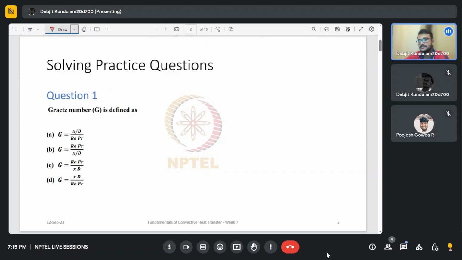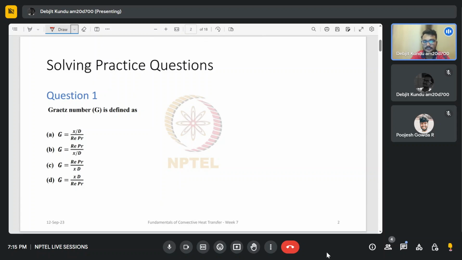There are four options given below. Option A says G equal to x by d over Reynolds number into Prandtl number. Option B says that the Graetz number G is equal to Reynolds number into Prandtl number divided by x over d. Option C says it is Reynolds number into Prandtl number divided by x into d.